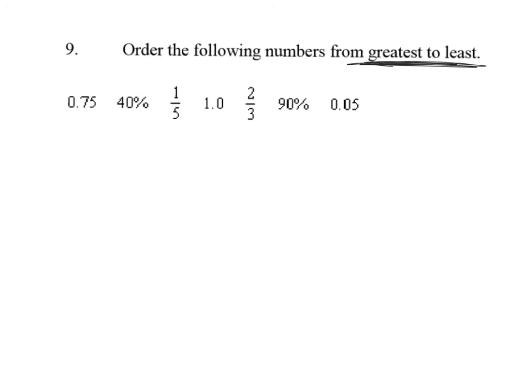So 75 hundredths, 80%, 40% would be 40 hundredths, and then 1/5, we can tell that that would be 2 tenths by scaling that up. So that would be 2 tenths. 1 is already a decimal. 2/3.